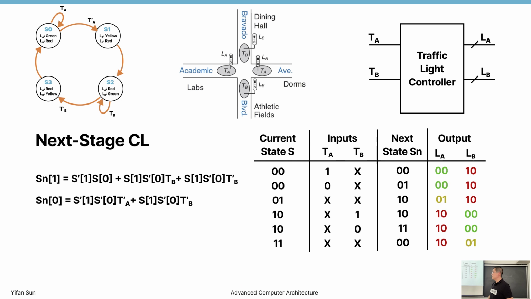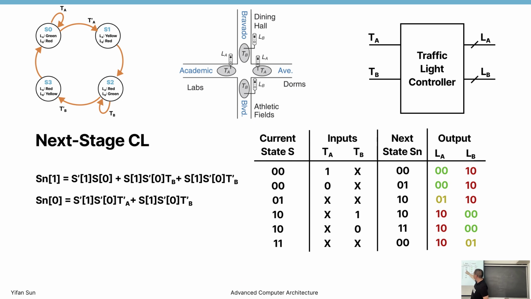So this is the next state combinational logic. Then you can use a Karnaugh map, right? Or you can just look at the result and try to simplify it. Now for this case, it's rather simple. We can just go ahead and simplify it.